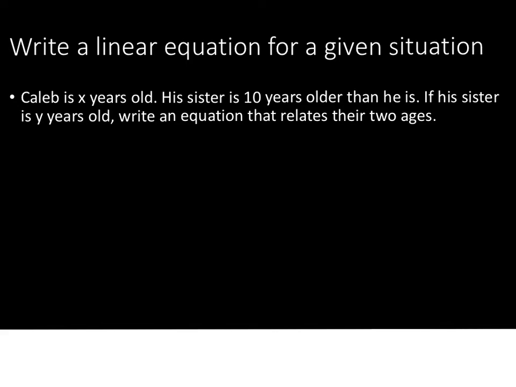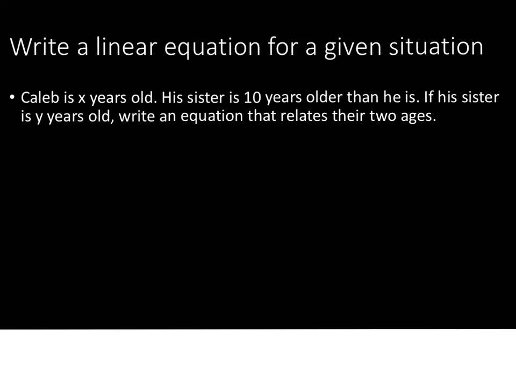So the first thing that we're going to do is write a linear equation for a given situation. This says Caleb is X years old. His sister is 10 years older than he is. If his sister is Y years old, write an equation that relates their two ages. Well, we know that Caleb is X years old, and we know that his sister is 10 years older.